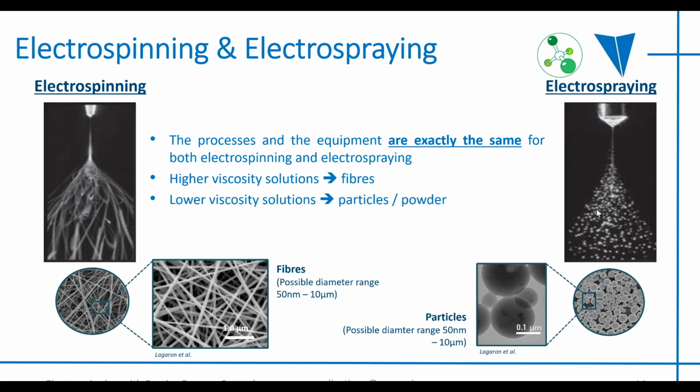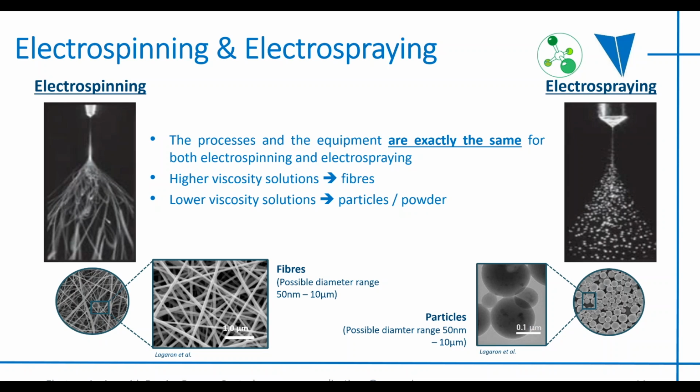On the right hand side, this is a high-speed camera shot of the spinning jet, and you can see that it's one continuous fiber which is collected per spinning needle. And obviously we use many needles to scale up the process.